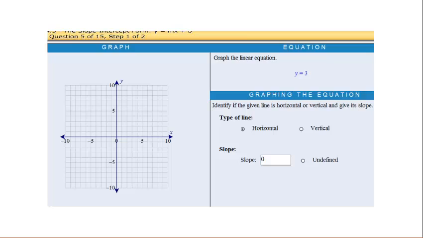So we can have points such as (0, 3), (negative 17, 3), (2, 3). They're all going to have 3 for the y component. So we also know that if it's always going to be y equals 3, the line is horizontal, and that gives us a slope of 0.